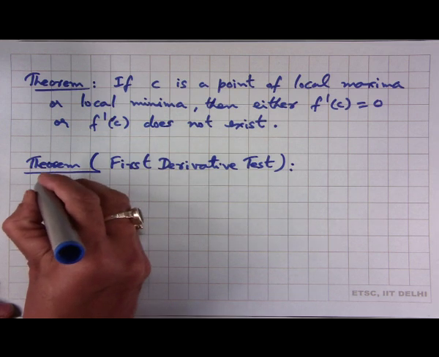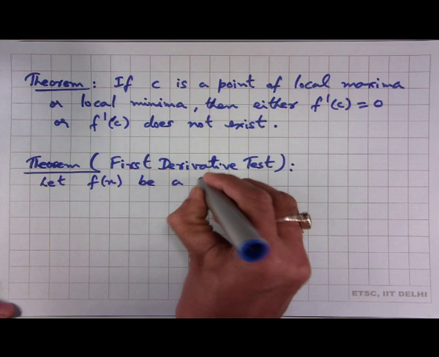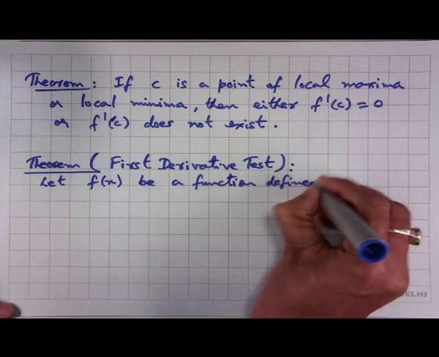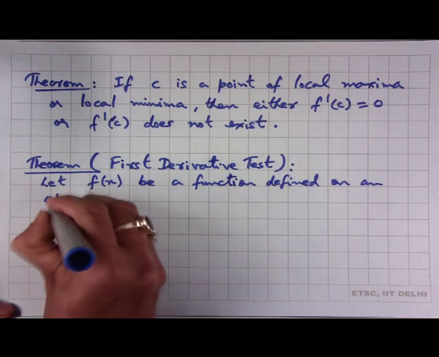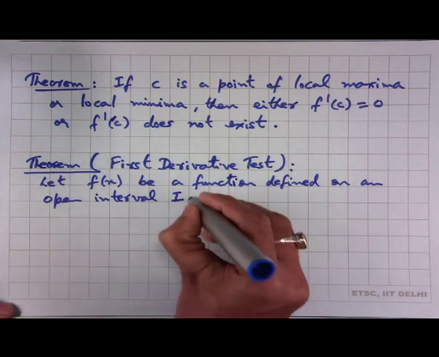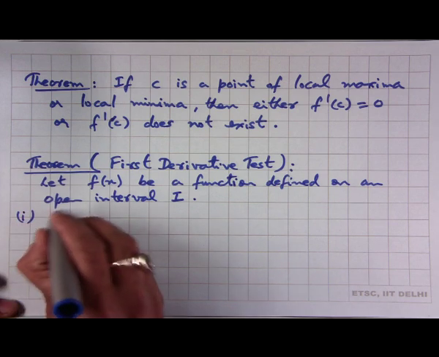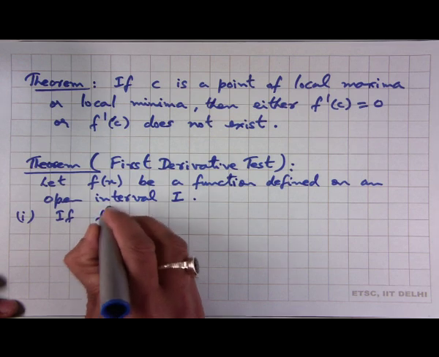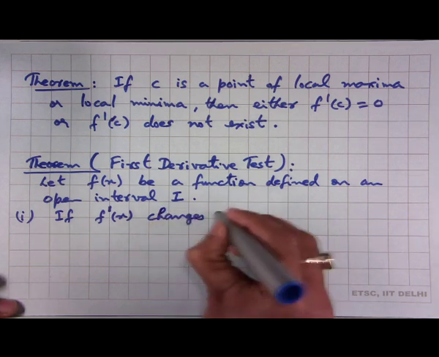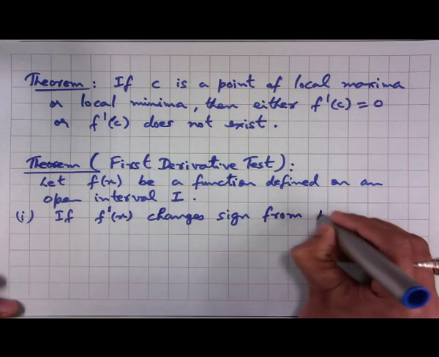So, let f of x be a function defined on an open interval I, and then we have: if f prime x changes sign from positive to negative as we move across C, then C is a point of local maxima.